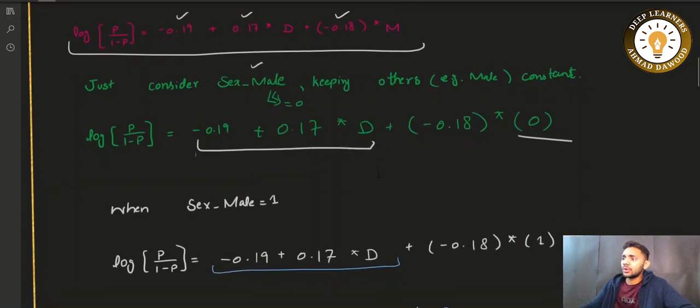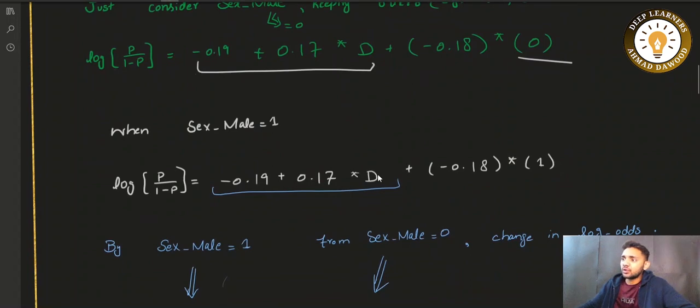Now when your sex male is equal to 1, it will be in this way, and our remaining terms will be constant at, let's say, the same value 47. Now let's see the difference in the log of odds when you have changed the category from 0 to 1.